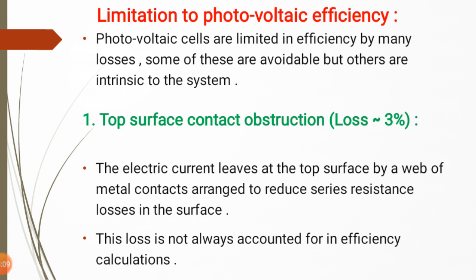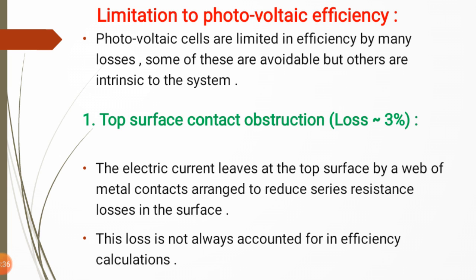That means as we discussed about the construction of the solar cell or diagram of the solar cell, there is a metal strip on the top surface. This metal strip helps to leave the electric current at the top surface, and is also arranged to reduce the series resistance losses in the surface.